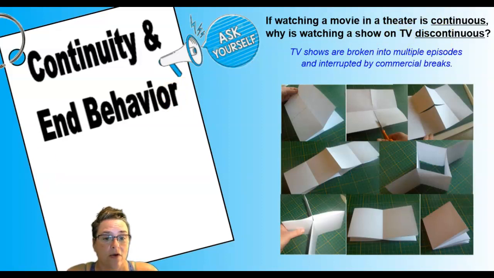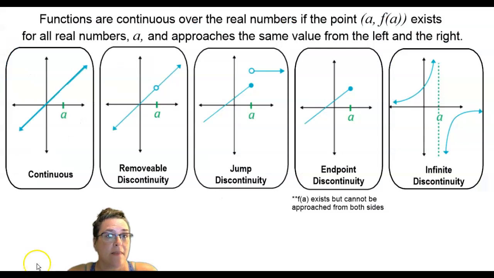When you look at functions, a continuous function is defined over all the real numbers. So for any point a along the real numbers, there's going to be an output f of a, a y value for that input of a. If there's a place where a is undefined on the graph, then that would be considered a discontinuous function.